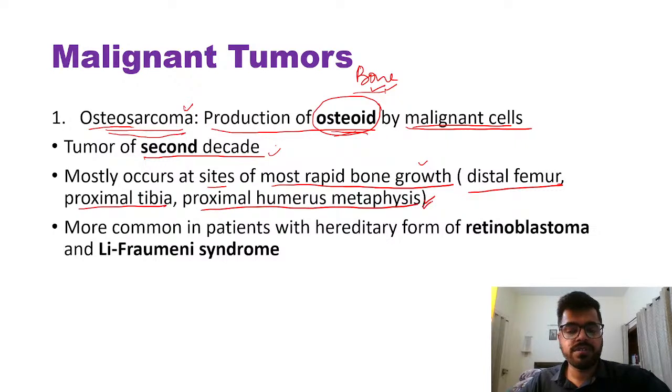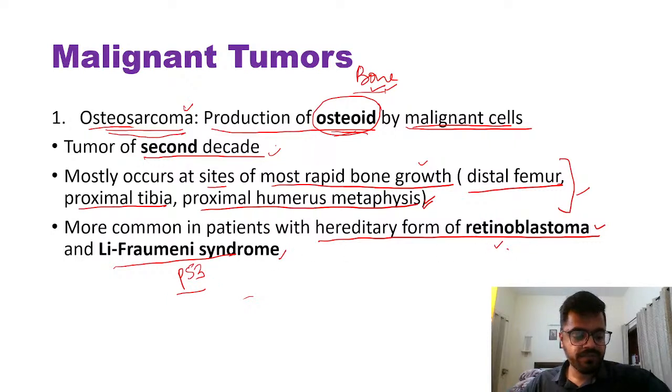These are the three locations where osteosarcoma most commonly occurs, and it is more commonly seen in hereditary retinoblastoma and Li-Fraumeni syndrome, that is P53 mutation.